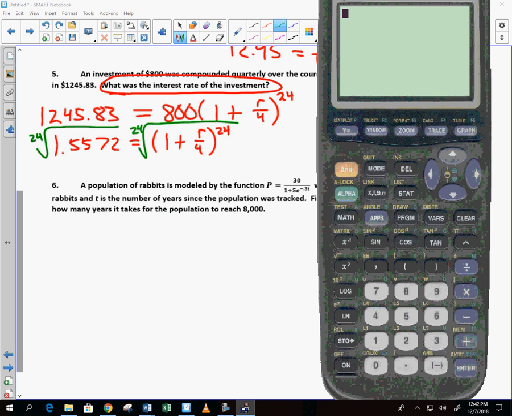Yeah, how do we do that on our calculator? We'll take 1.5572 and we'll raise it to the parentheses 1 divided by 24 power. And we get 1.0186. And that's equal to 1 plus r over 4.